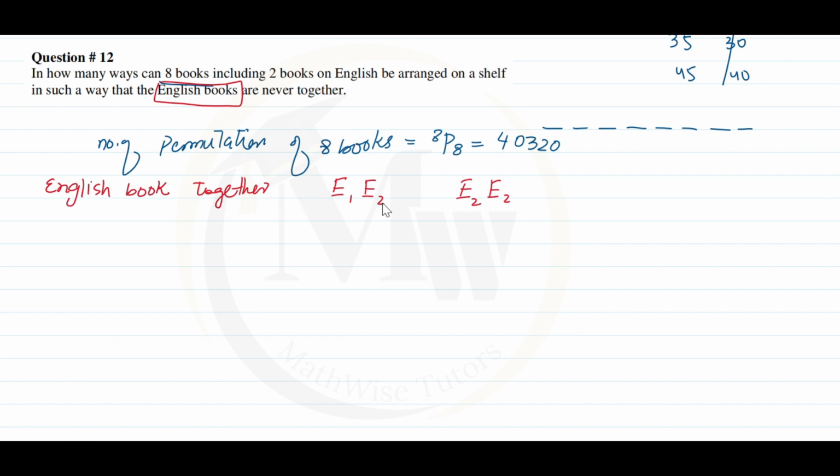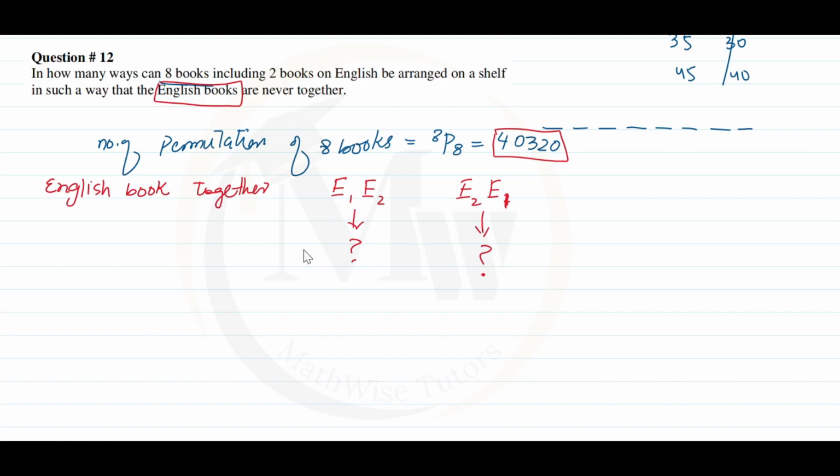So E1 E2 arranged this way or E2 E1 arranged this way, both are different, so they are considered separate ways. Let's find the permutations of this and of this. After that, we will subtract these two from the total permutation. That gives us the remaining number of ways in which the English books will never be together.